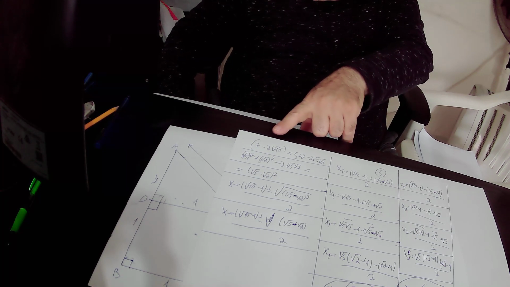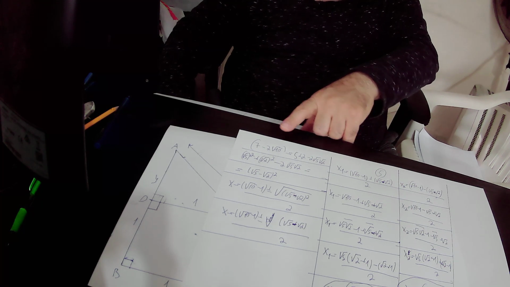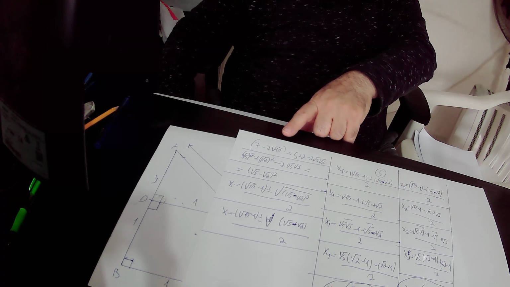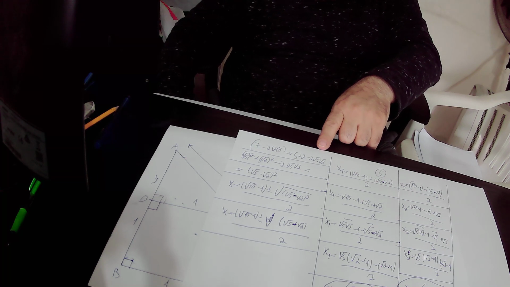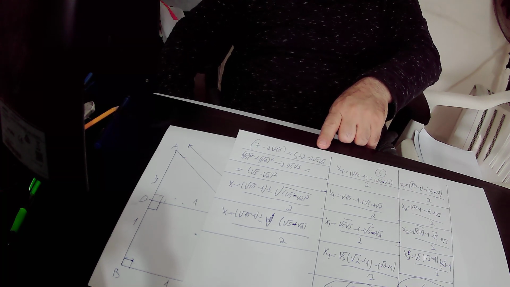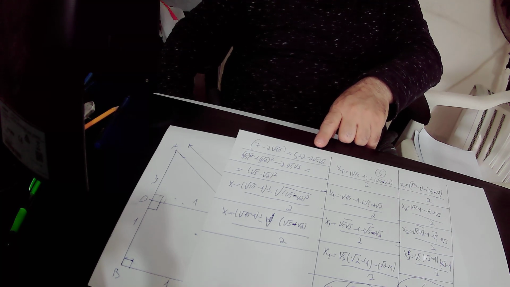So we substituted 7 by 5 plus 2, and minus 2 times square root of 10. And square root of 10 is square root of 5 times square root of 2. So we substituted square root of 10 by square root of 5 times square root of 2. And we got here 5 plus 2 minus 2 times square root of 5 times square root of 2.